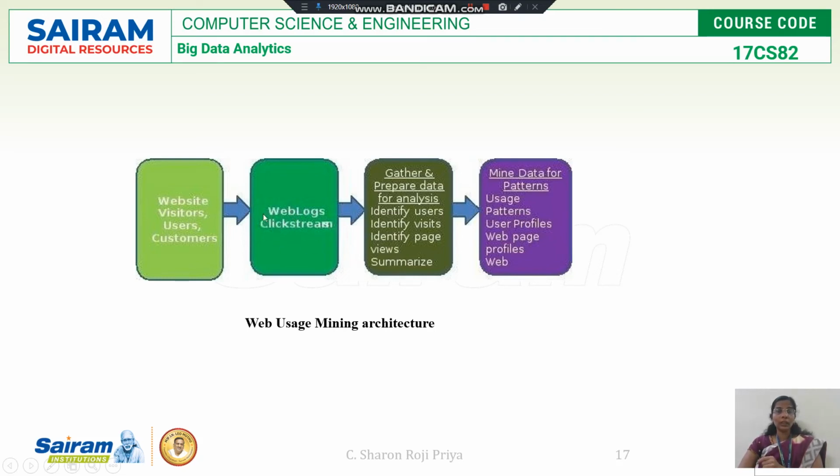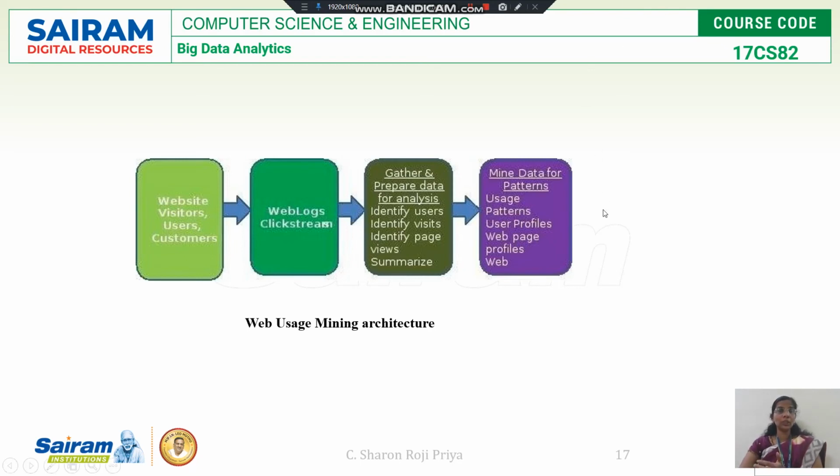Right, and this click stream will be analyzed to find what pages the user is visiting and what actions he is doing on the web page. And the textual contents accessed by the visitor can be analyzed to find the most popular topics read or visited by the clients.